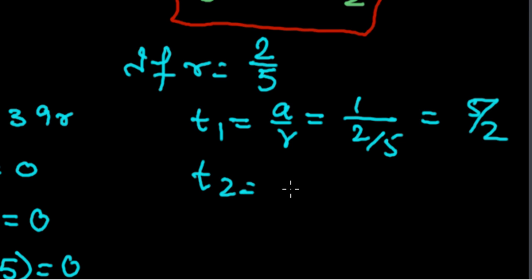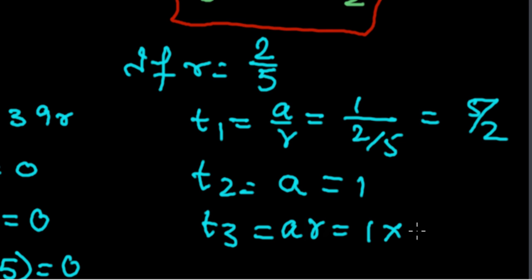T2, which is A, is equal to 1 again, and T3, which is A into R, with A as 1 and R as 2 by 5, is 2 by 5.